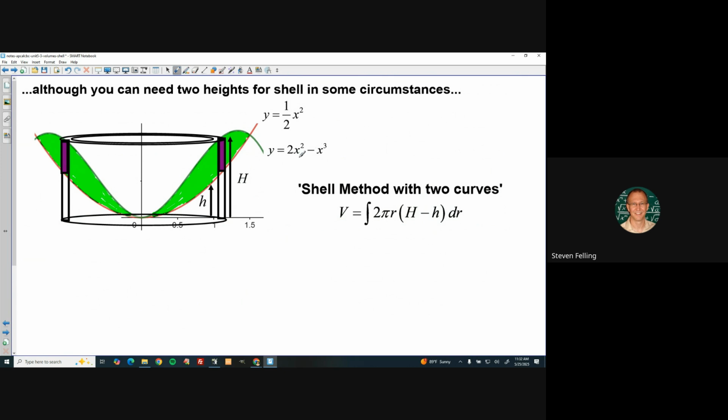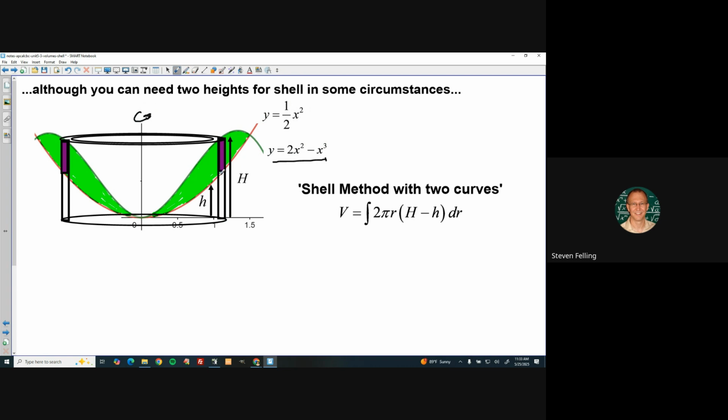So let's say we had two function curves: y equals 1/2 x squared, and y equals 2x squared minus x cubed. We wanted to rotate this around the y-axis. Since we can't solve this for x, we can't use disk, so we could use shell. We would put the rectangle on here, but because we're only taking the area between the two curves, we go through a hole first.